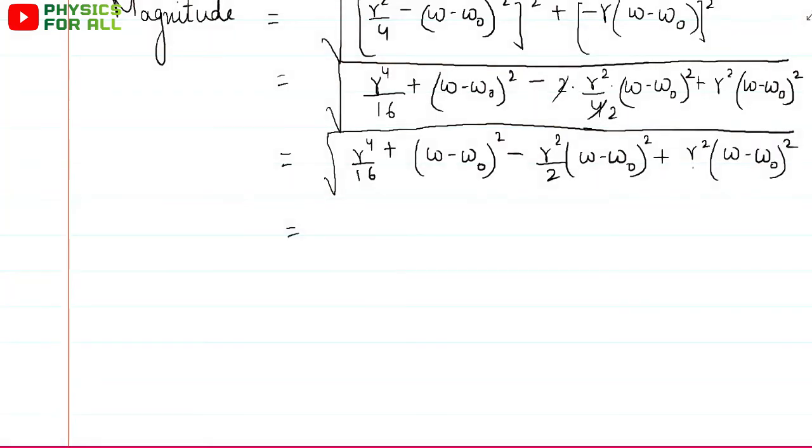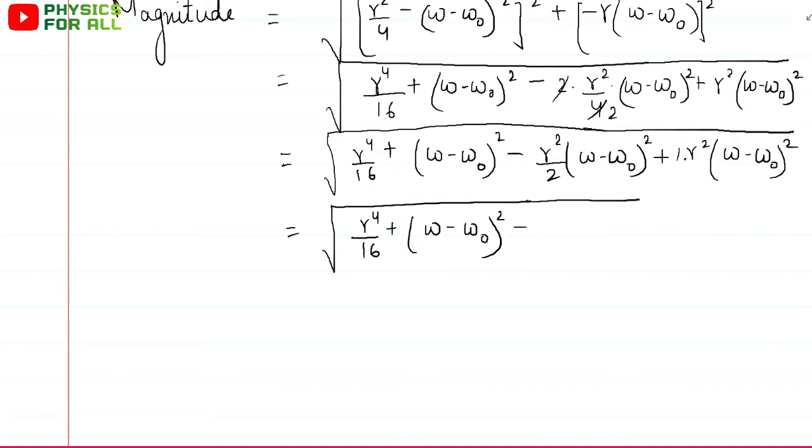Here gamma square and (omega minus omega naught) whole square is common, and we are left with 1 and 1 by 2. So 1 minus 1 by 2 will give us 1 by 2. So gamma 4 by 16 plus (omega minus omega naught) whole square plus gamma square by 2 (omega minus omega naught) whole square.